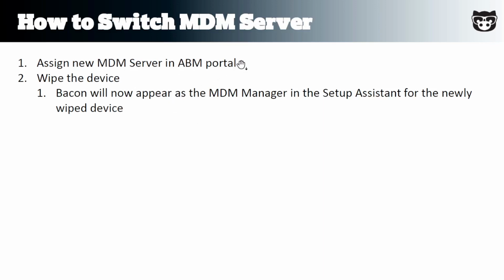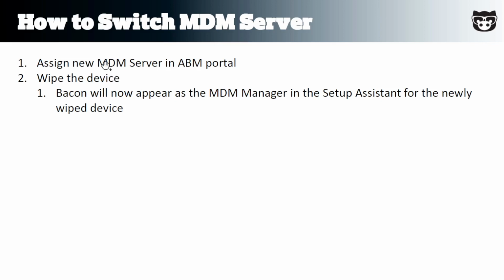After it's been assigned, that's not quite enough, because the next thing you'll need to do is wipe the device. Now you should be able to use your old Business Manager MDM server, like if you're switching to Bacon from something else. You should still be able to use your old MDM server product in order to start a wipe.